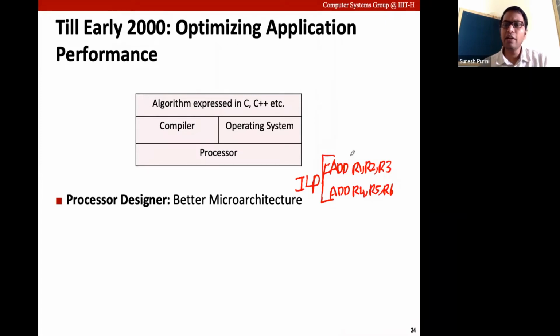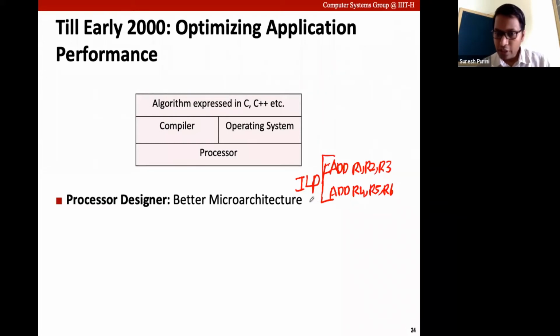So the second add instruction will finish earlier than the first F-add instruction. So instructions can execute even out of order. Essentially, processor manufacturers were trying to exploit the parallelism available at the instruction level to execute more instructions per clock cycle. This is one method.